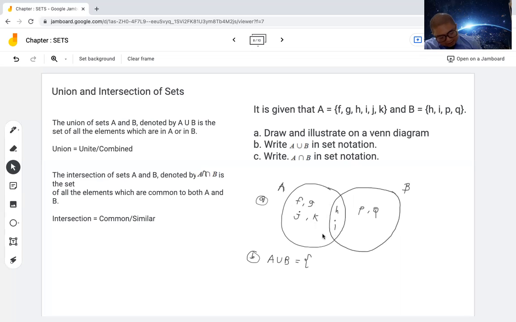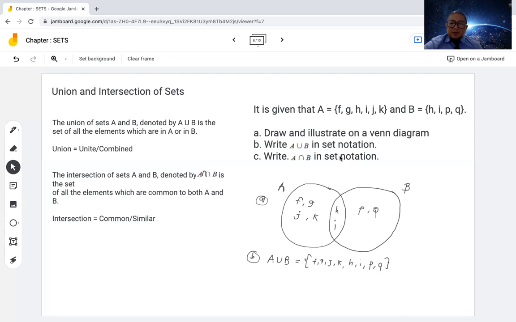You can start writing F, G, J, K, and then in the middle, H, I, and then P, Q. As you notice, I did not write it in a particular order, which doesn't really matter. However, if your teacher asks you to write it in alphabetical order, then you have to write it in alphabetical order. But in this case, it doesn't really matter.